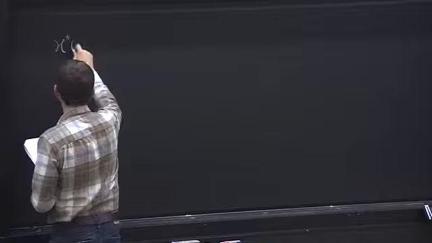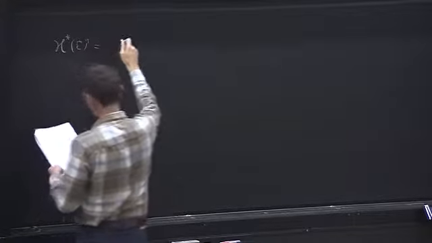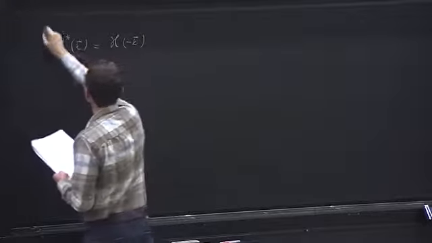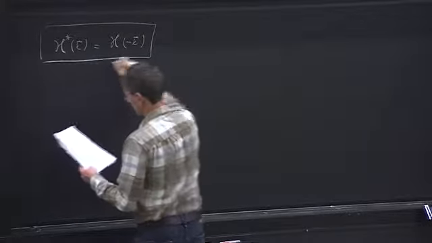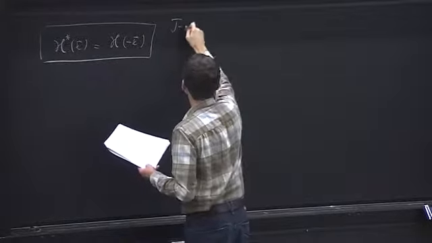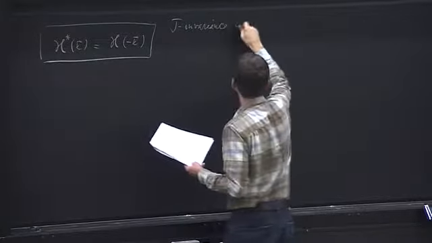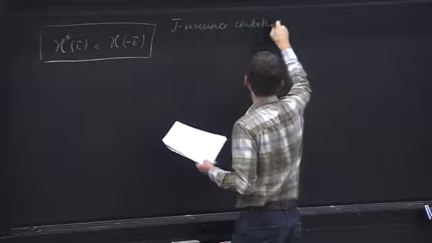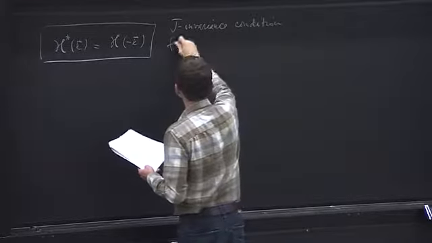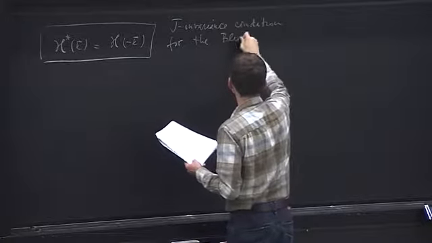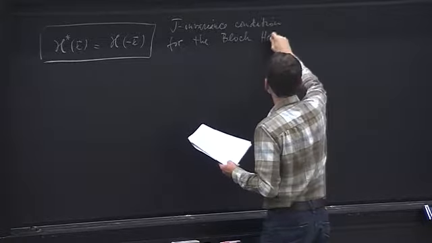So what I get is that h star of k has to be h of minus k, and this is the T invariance condition for the Bloch Hamiltonian.